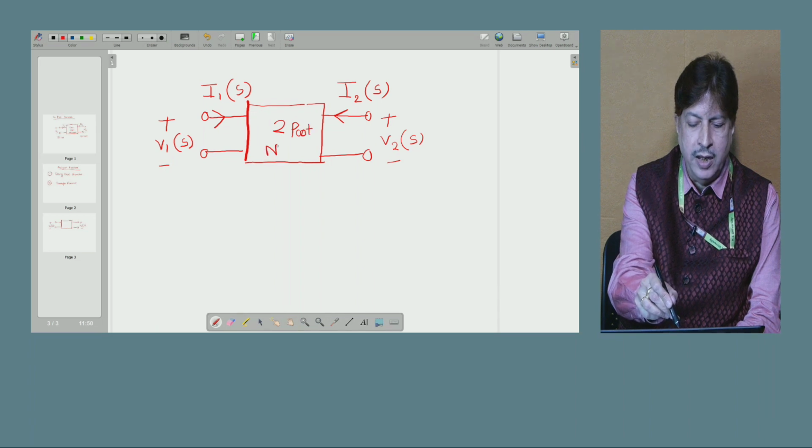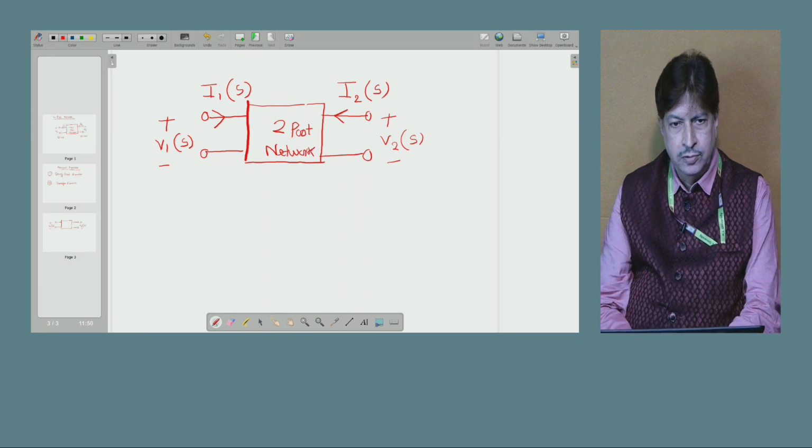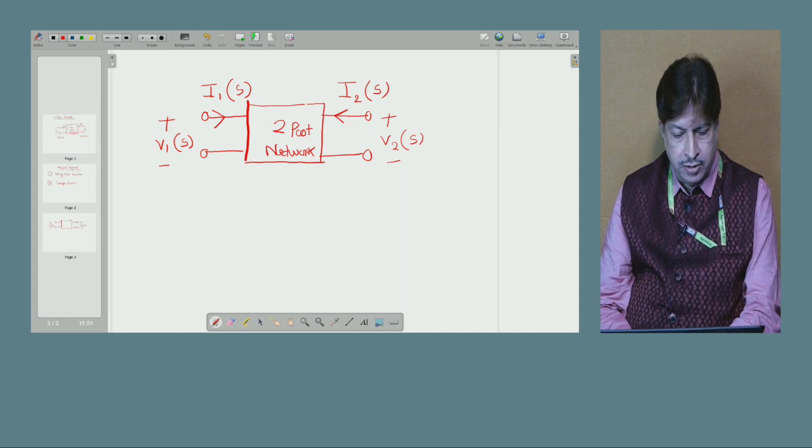As I already explained, whenever we consider numerator and denominator variables belonging to the same port, that particular network function becomes a driving point network function.